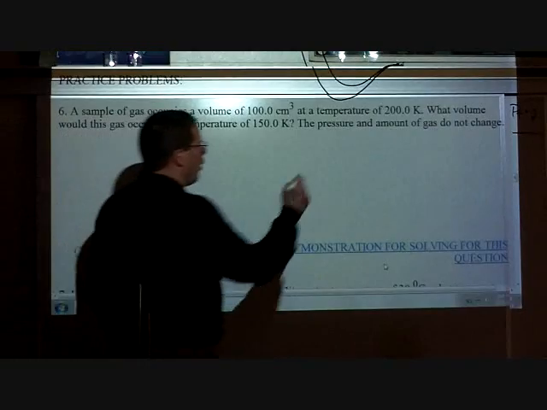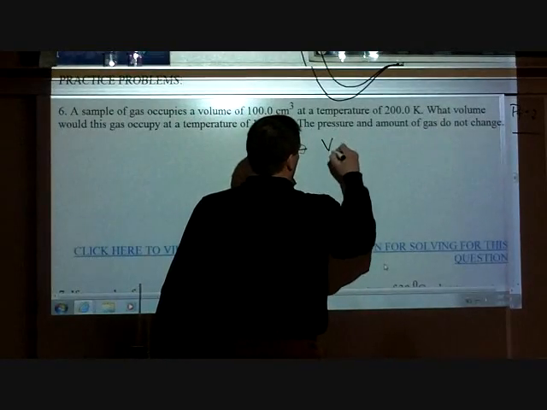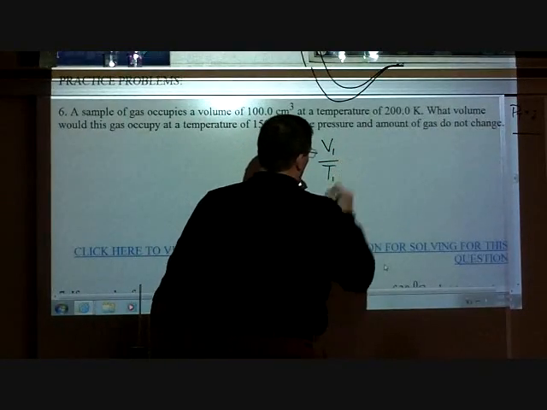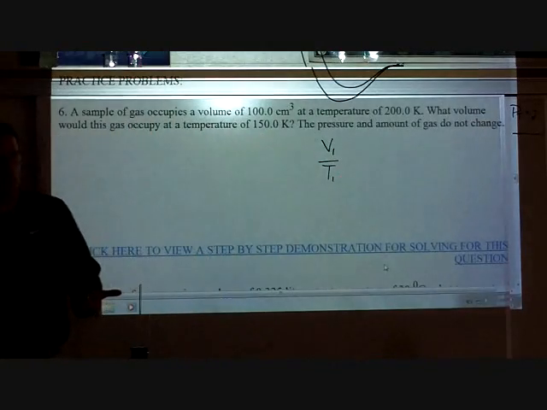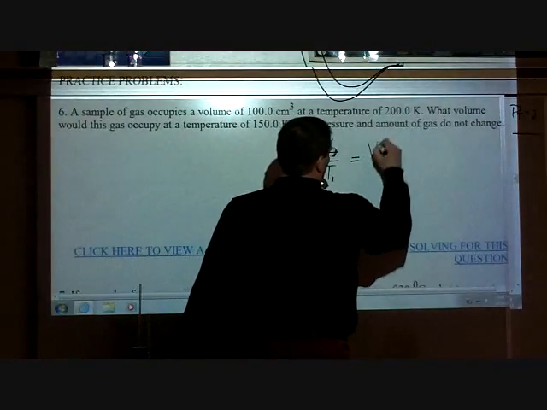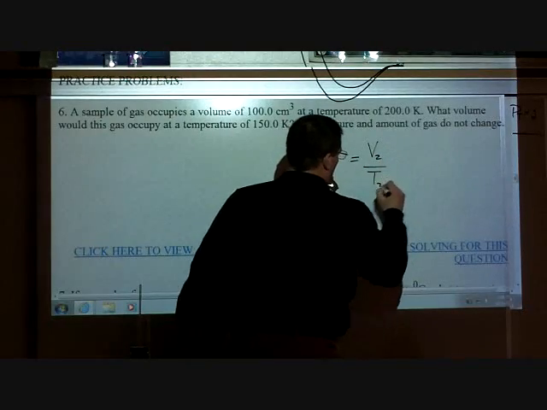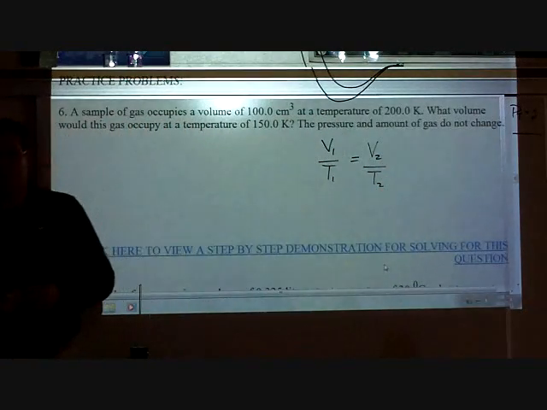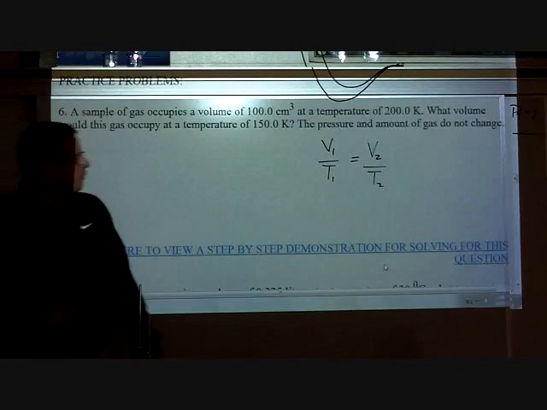It's a volume-temperature relationship where you have V1 over T1, and the ones represent the initial set of conditions, is equal to V2 over T2, okay? And the twos represent your final set of conditions.